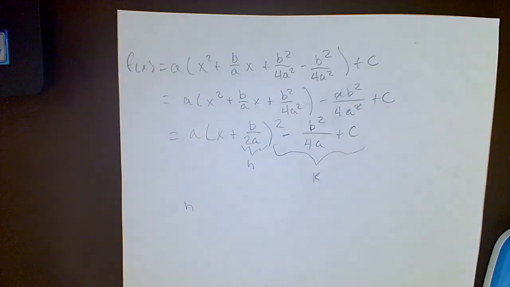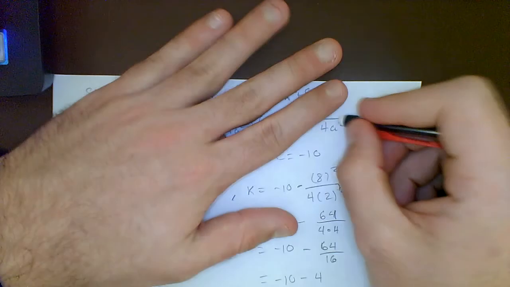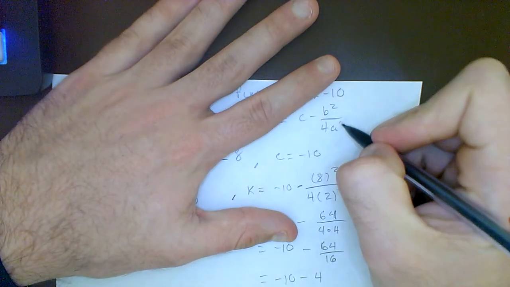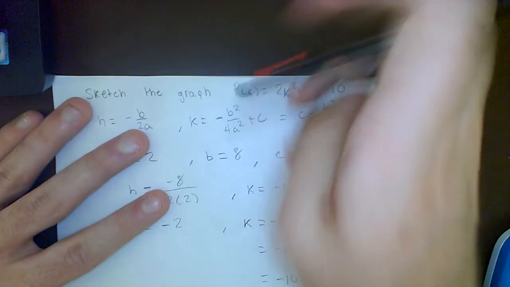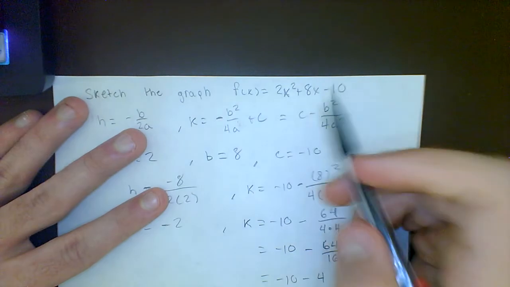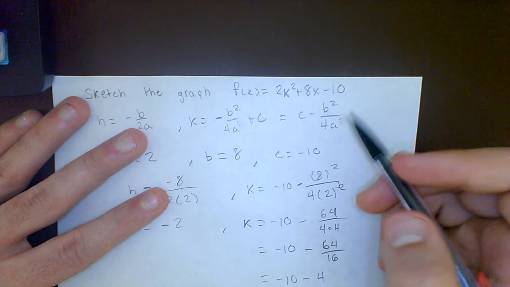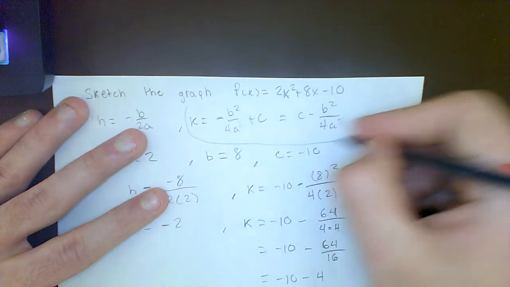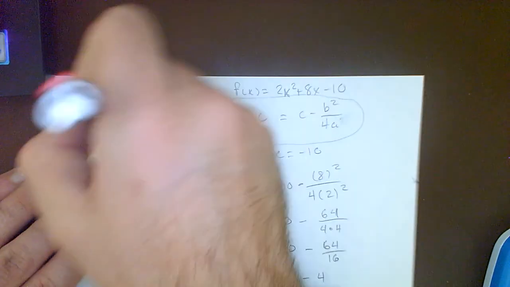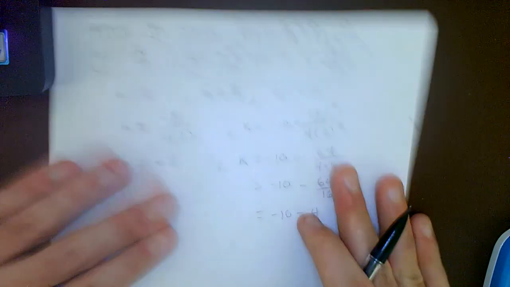So the formula for h, or well, if I go back to the example we were working on, I would now change this. This formula changes to c minus b squared over 4a. Okay, so that's where the formula changes. These are correct now.